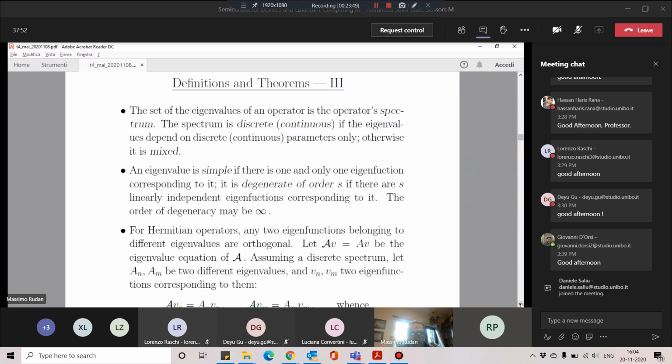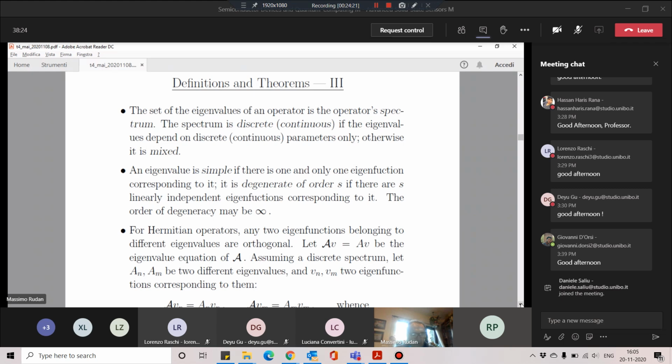Another comment is this: when you have a situation like that of the particle in a box in which you have one index counting the eigenvalues, you find one index because the problem is one-dimensional. If the problem was two-dimensional, you would find two indices.